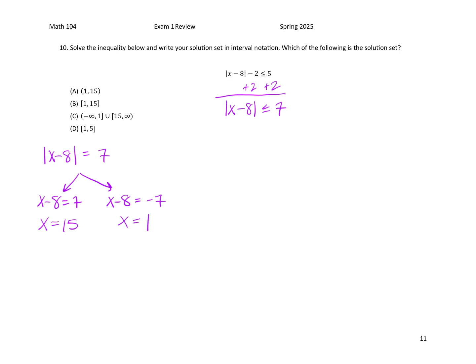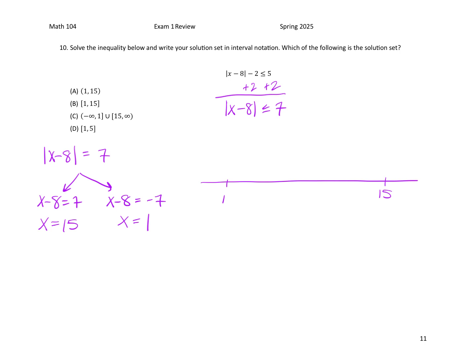And then when I want to solve a less than inequality, the solution set to the less than inequality is always going to be between the solution set to the equation. So if I put this on a number line, here's my 1, here's my 15. Those are the solutions to the equation, 1 and 15. The solutions to the inequality will be between them.